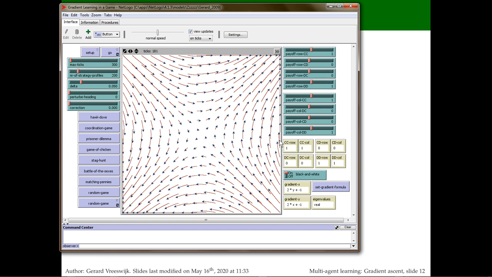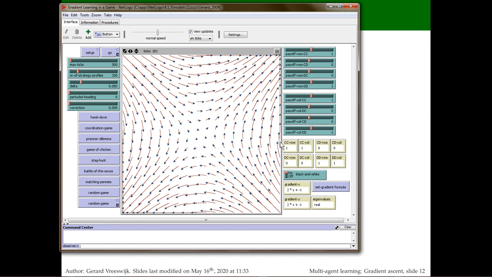And here the vector points into the direction, well, the y is 1, so it's 2 times 1 is 2, minus 1 is 1, so the x direction is 1.